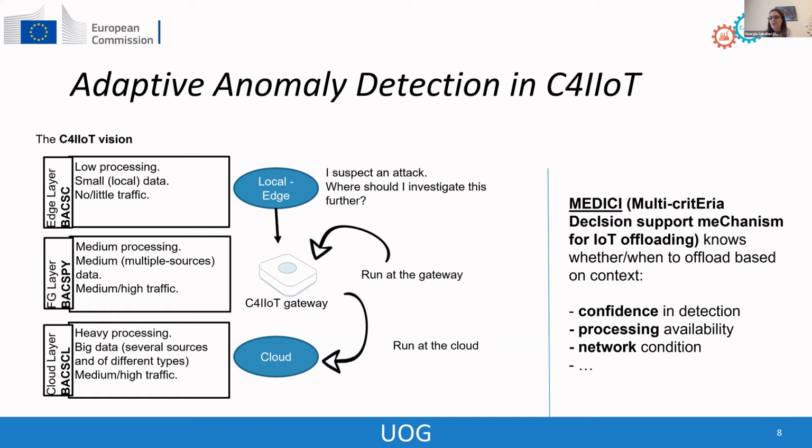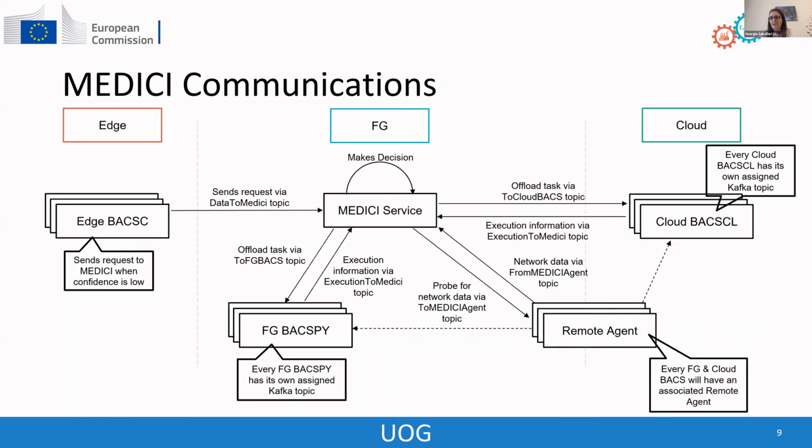So in the next slide, we can link all this to the previous presentation on the architecture, where we said that all the communication between the different components is done using the Kafka service. So here we have the MEDICI, and it gets requests from the edge BACS models if the confidence is low.